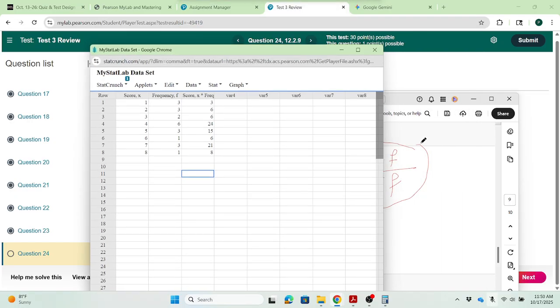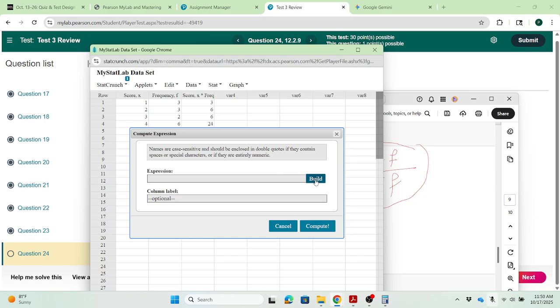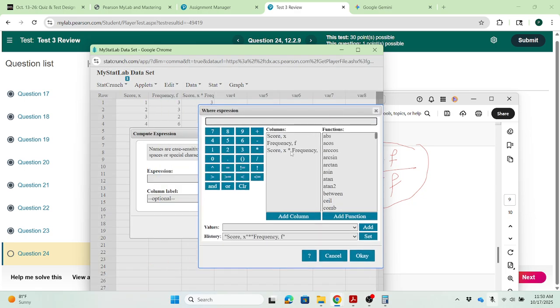Now the formula is to add this multiplication, so you need to find the sum of this and divide by the sum of the frequency. That can be done using the compute tool, expression. Build a new expression: type the sum function, parenthesis, select the third column, add the column, close the parenthesis, and divide by the sum of the frequency column.